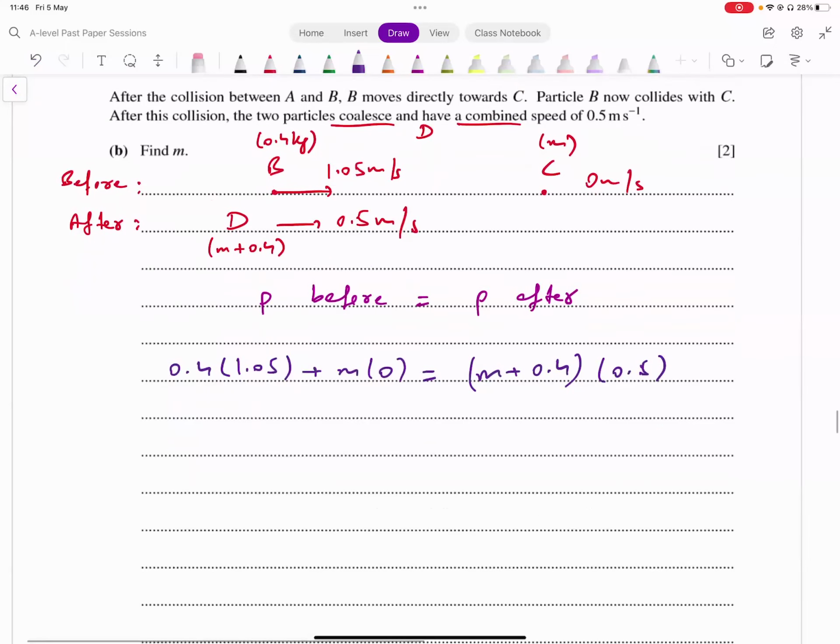ठीक है, लेफ्ट साइड पे हमारे पास क्या आ रहा है 0.4 into 1.05. Let's figure out what this turns out to be. This is 0.42 on the left side.